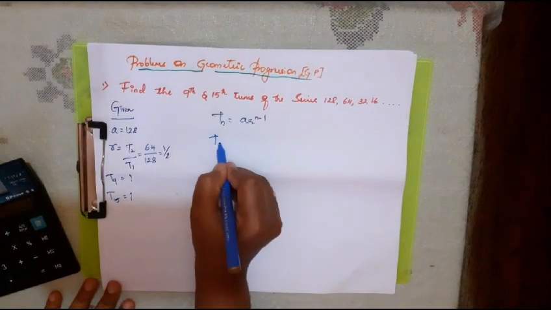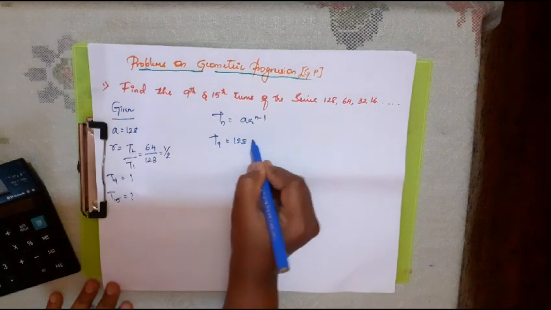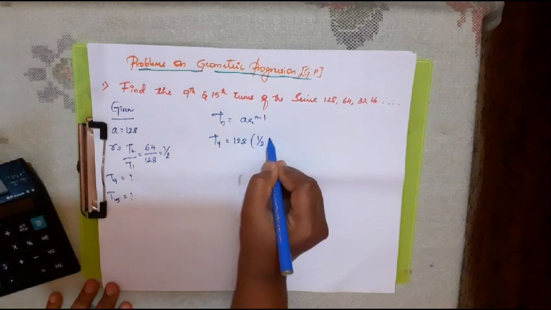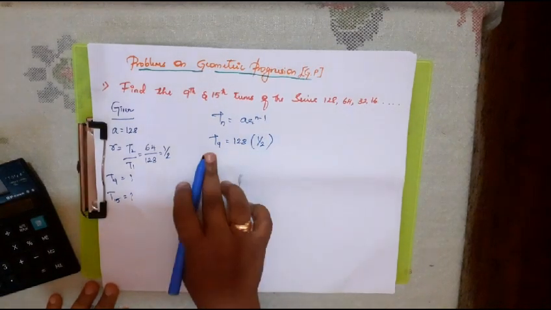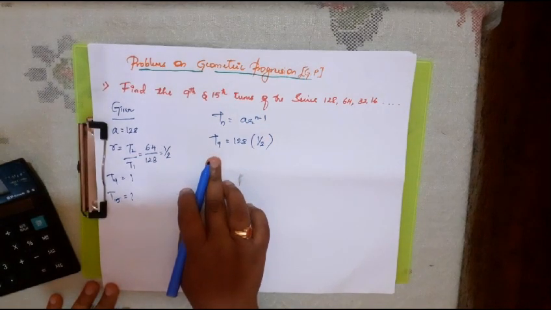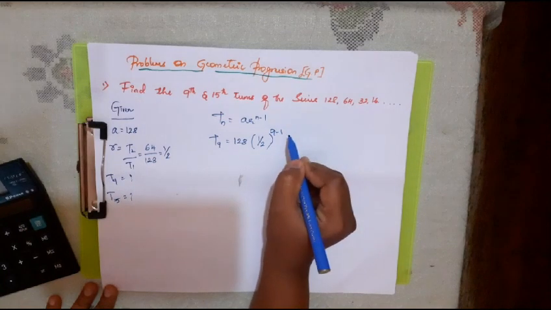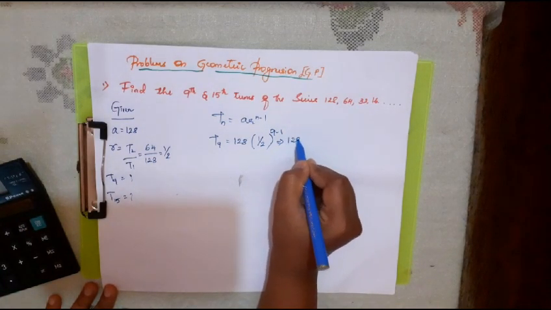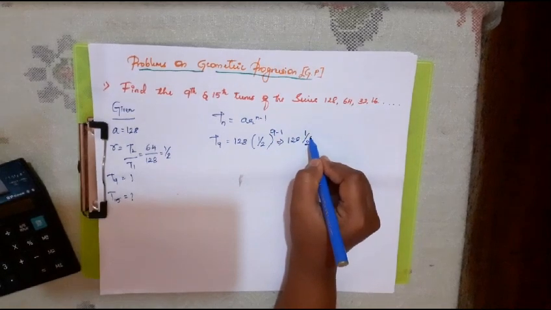So T9 is equal to A is 128, R is 1 by 2, n is 9. If it is T9, n will become 9; for T15, n will become 15. So n minus 1 is 9 minus 1, which is 8.